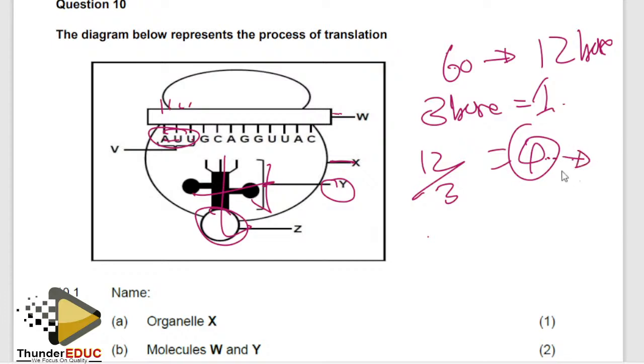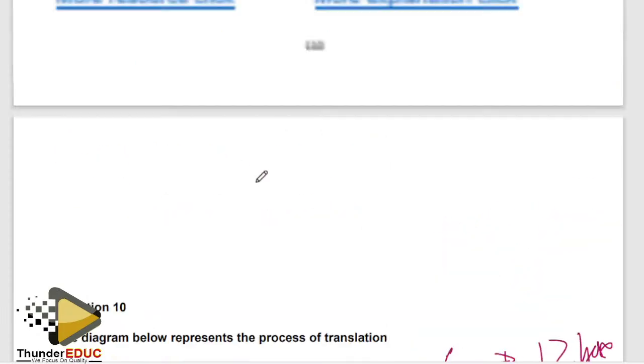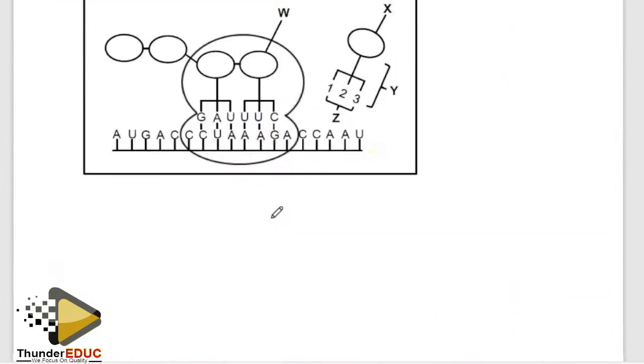It's going to be 4, because each codon codes for 1 amino acid. You understand? How many bases code for 5 amino acids? Remember, each amino acid is coded by 3 bases. So 5 times 3 gives me 15. You understand? So you have to know how to interpret that. And then let's go to meiosis.